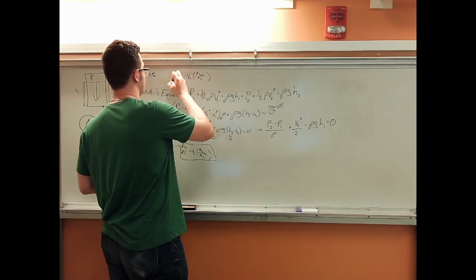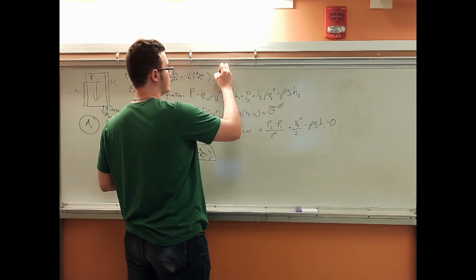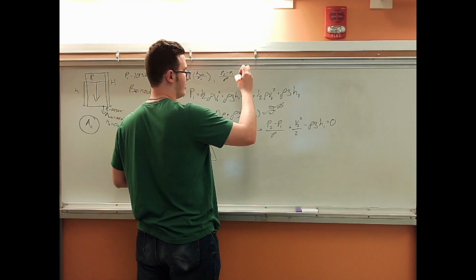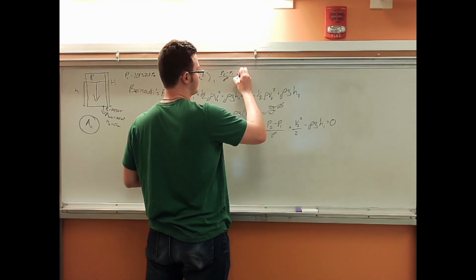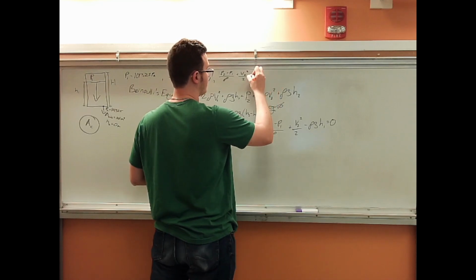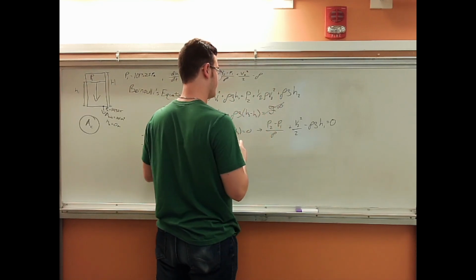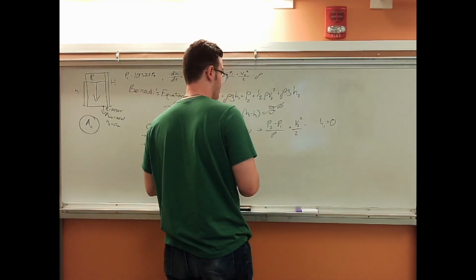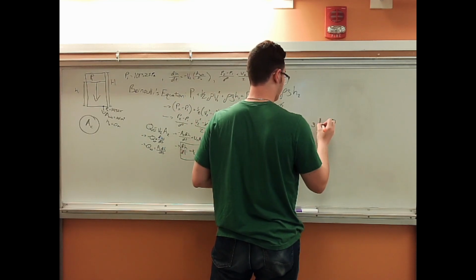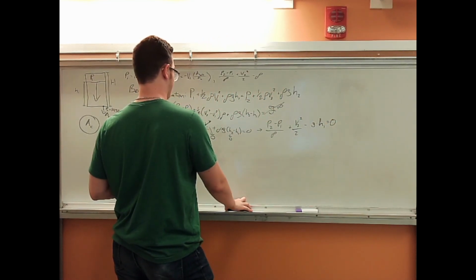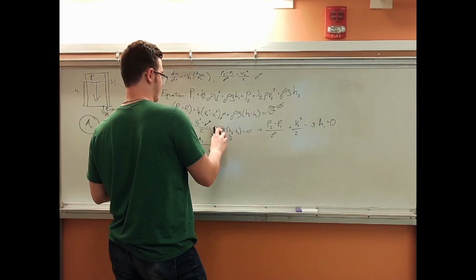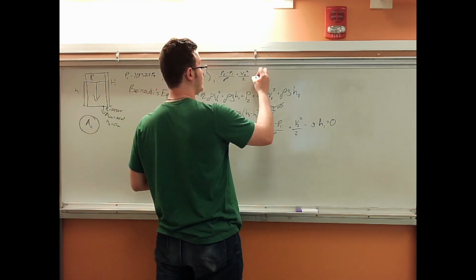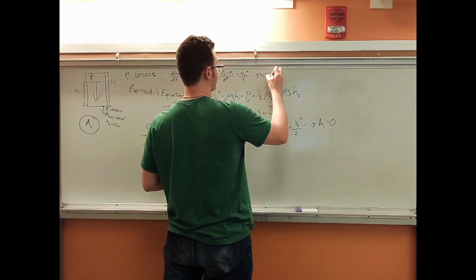And then we also know that P2 over rho, plus velocity at state 2 squared over 2, minus density. No, density is not here. This is just g times h, because this divides through. Almost missed that. Minus g times h1 equals 0.